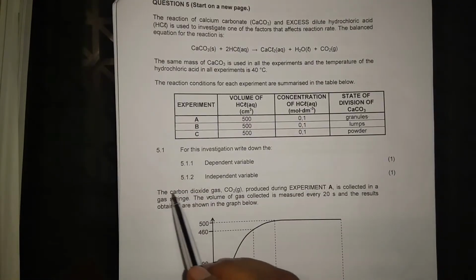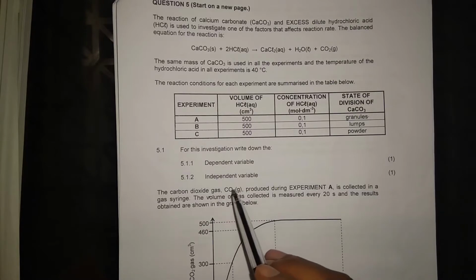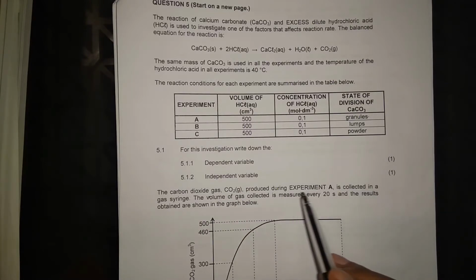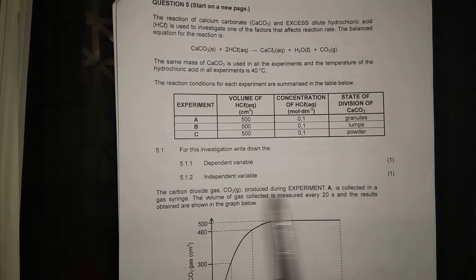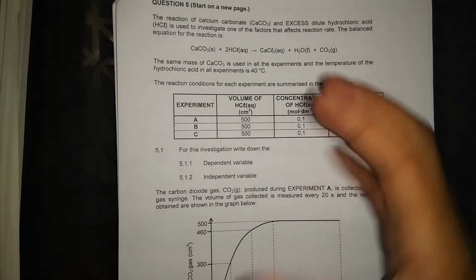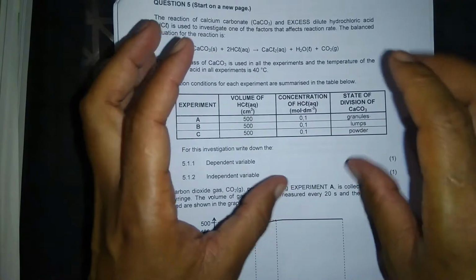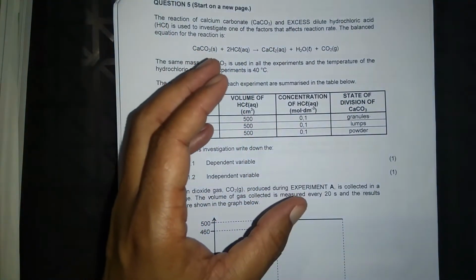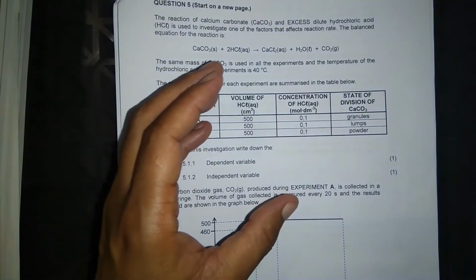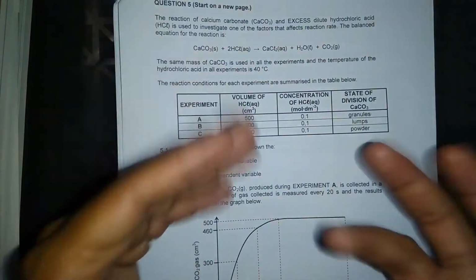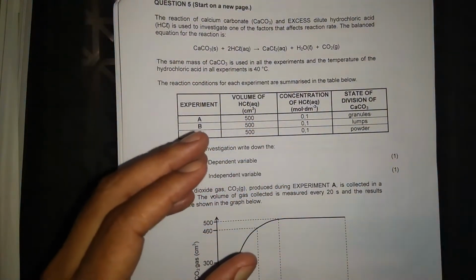The carbon dioxide gas, CO2 gas produced during experiment A is collected in a gas syringe. So during that experiment, perhaps they did it in a closed container, then on top of the container there is a syringe, so that as the experiment progresses they are able to collect the gas.